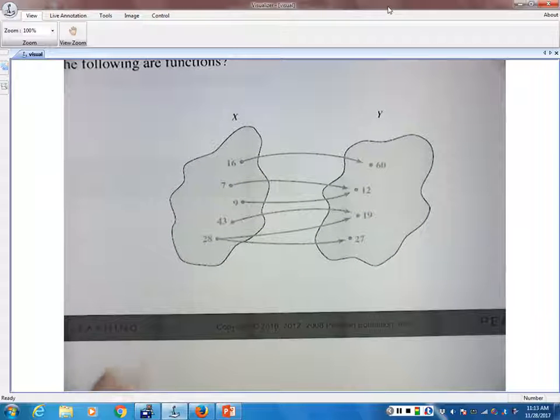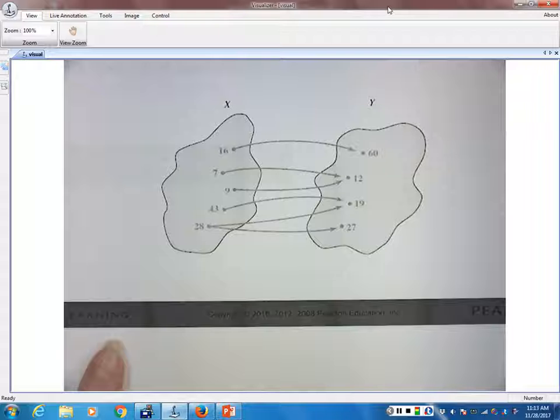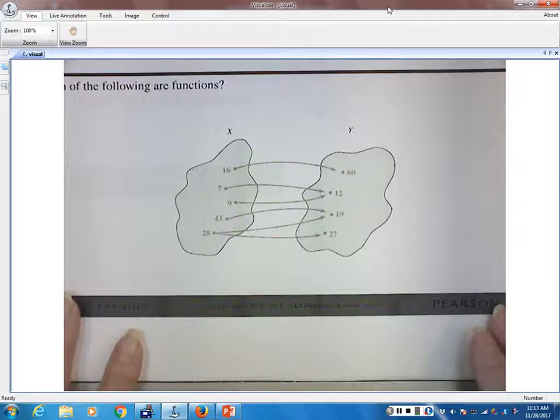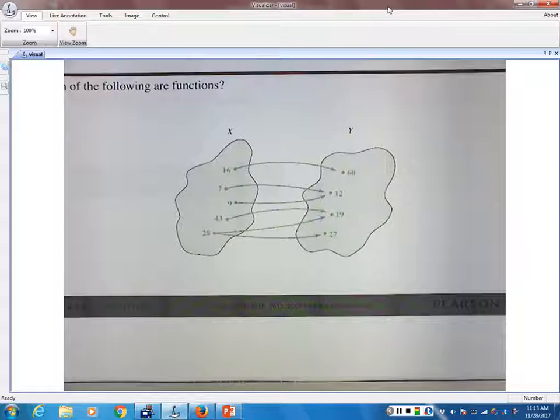We're going to look at some various representations now of some functions. We're going to ask the question, which of these pictures or concepts I'm going to show you, which of these are functions? So I'm going to review for you how to tell if something is a function.